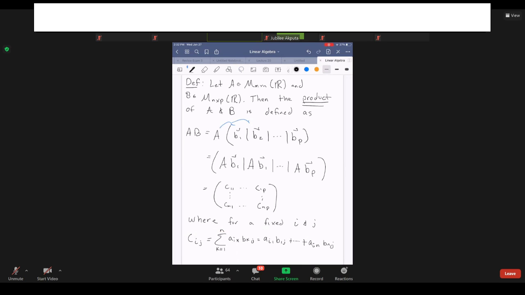Okay. So you can find it either using this way right here or doing this right here. These two ways are how we can define matrix multiplication.